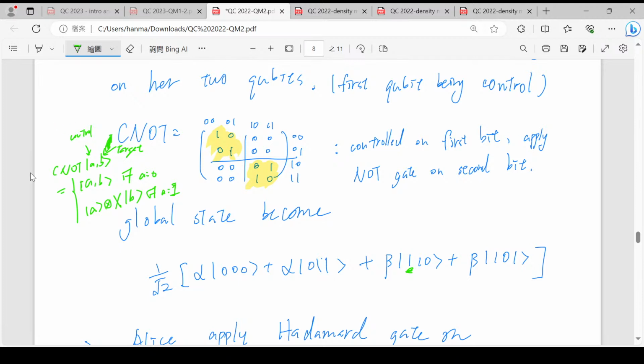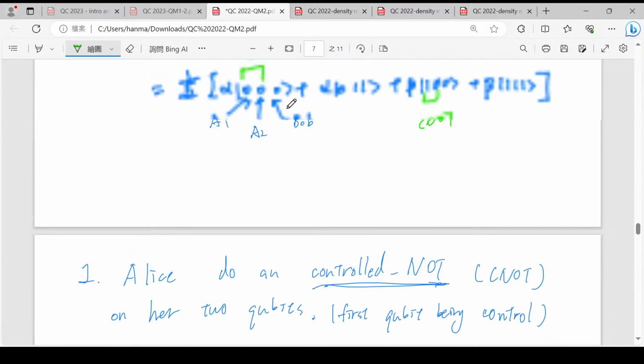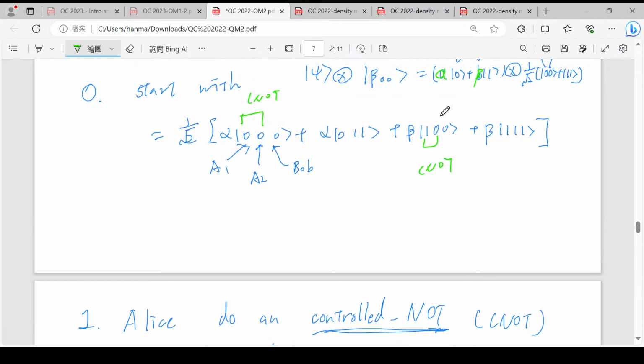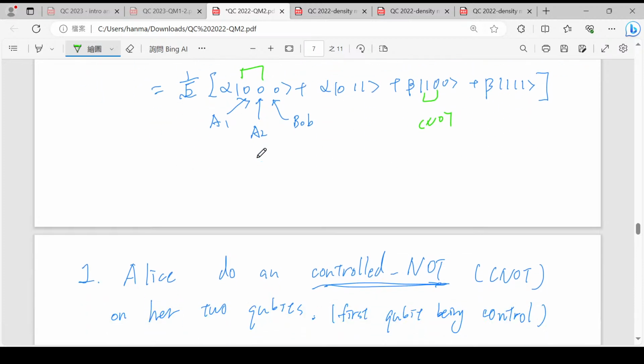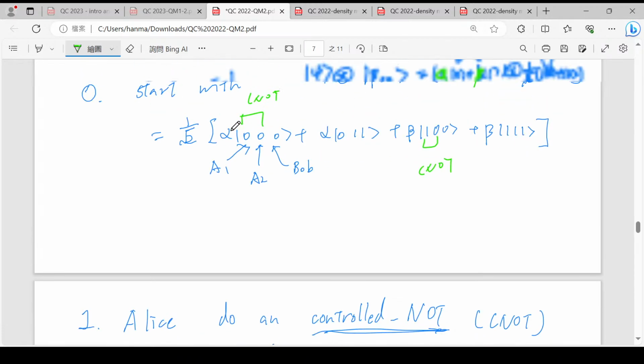It's a 2-qubit gate. You must describe it as some 2-qubit thing. But you see that you can easily see what it does on computational basis. So now we have the starting state with these four terms, and you can think about how CNOT applies on it. And yeah, so anyone want to answer?